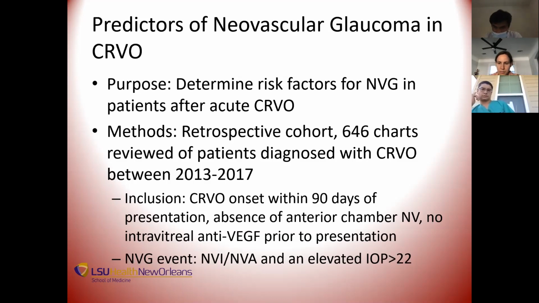They included patients within 90 days of presentation, the so-called 90-day glaucoma. They looked at patients with a prior absence of anterior chamber neovascularization without intravitreal anti-VEGF prior to presentation. And they defined an NVG event as presence of NVI or NVA in a patient with an elevated IOP of greater than 22.